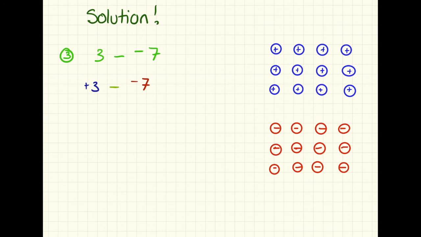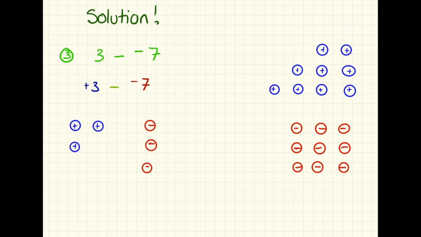So here we go. We're going to start with 3 positives. Here are my 3 positive tokens. But my issue is that I need to take away 7 of those negatives, but I don't have them. So I'm going to say, okay, I need for sure 7 negatives. So I'm going to grab 7 negatives, but I can't just grab them, right?